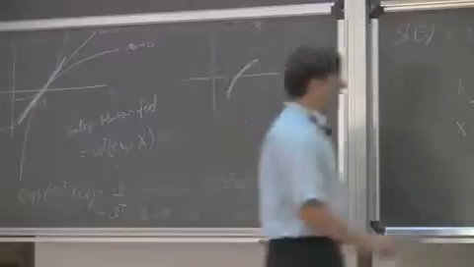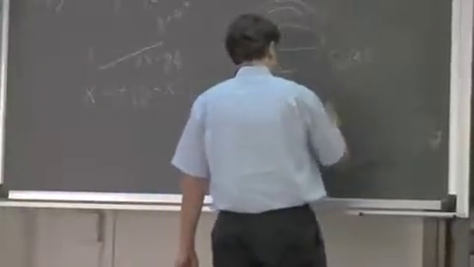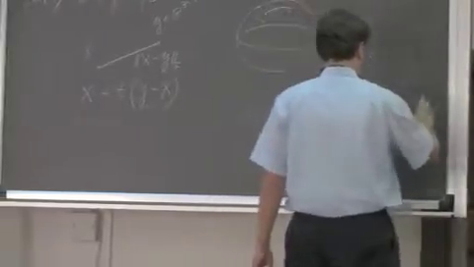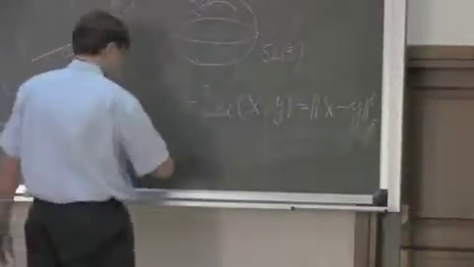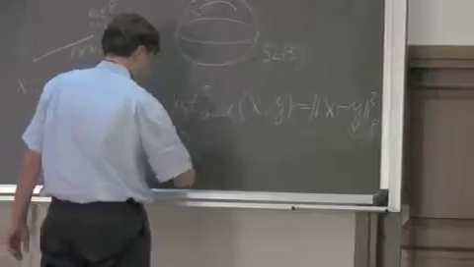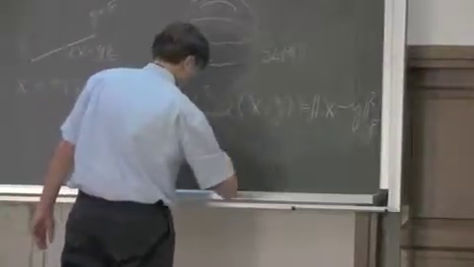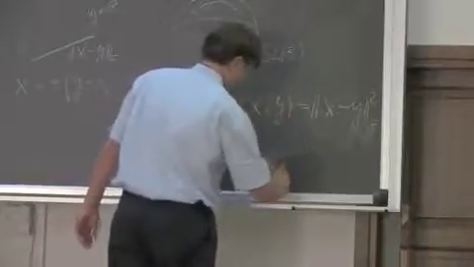That is, I am replacing the Euclidean distance of x and y, which is defined by the Frobenius norm of x minus y, by the distance on SL3 in a geodesic sense of x and y.